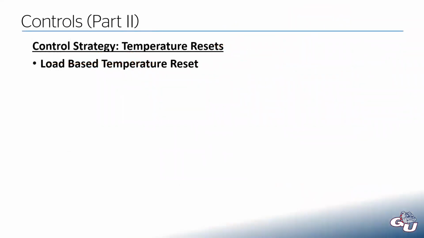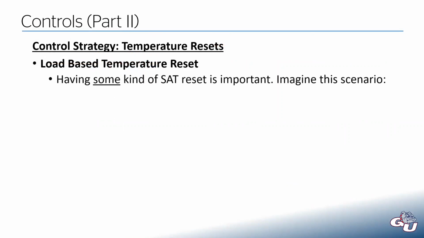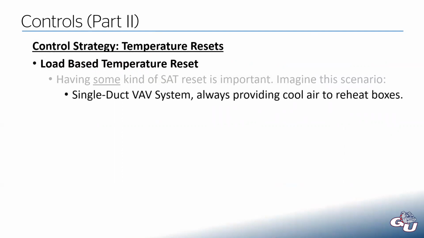So with a load-based temperature reset, having some kind of reset is really important. So imagine this scenario. We have a single duct VAV system, like we were just looking at, that's always providing cool air to these VAV reheat boxes.